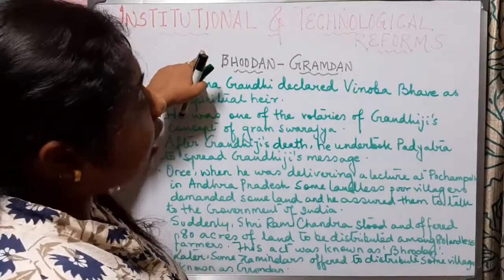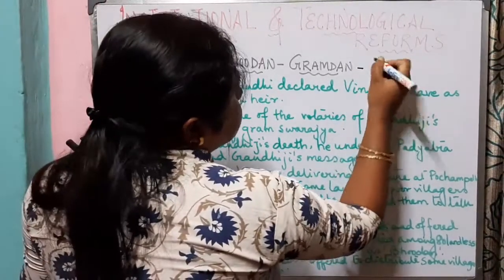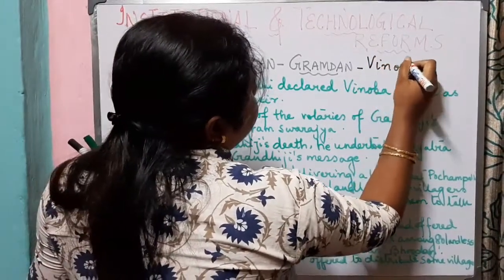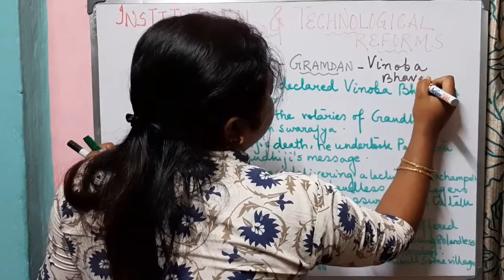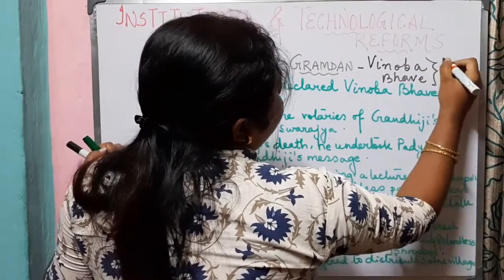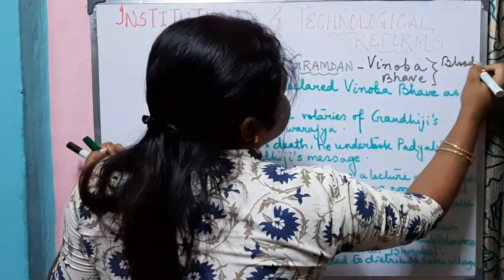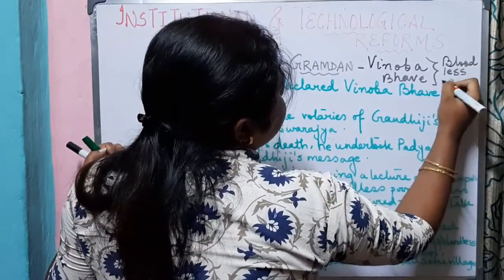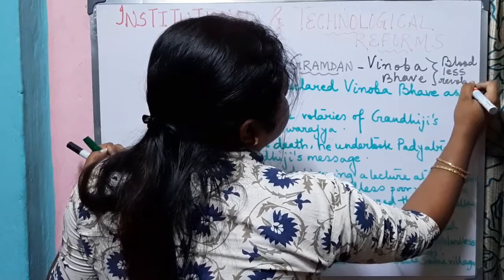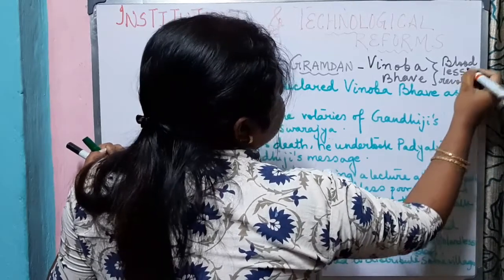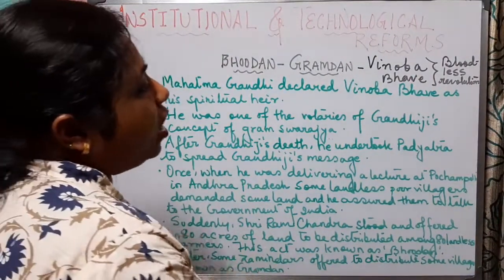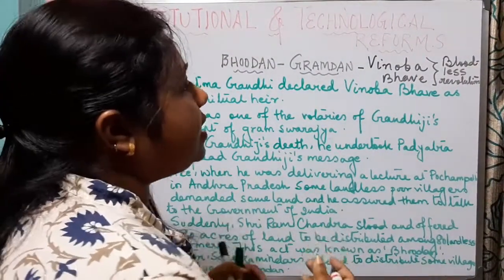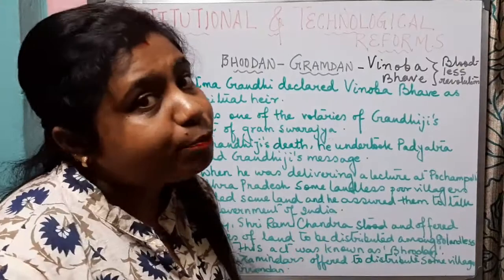Now this Bhoodan-Gramdan movement, which was initiated by Vinoba Bhave, was known as bloodless revolution. That means without any bloodshed, where the land are redistributed and provided to the landless poor farmers.